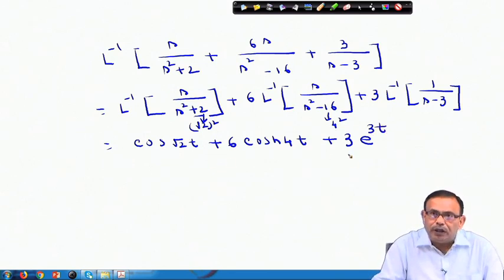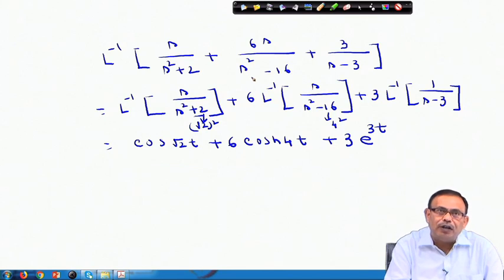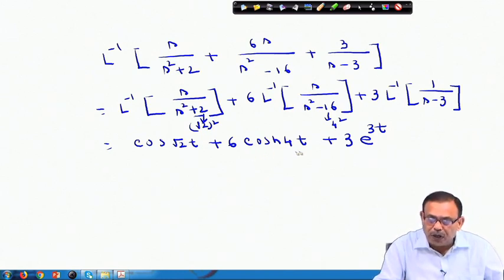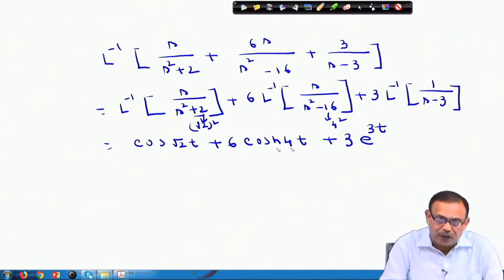So, this way, once I know the Laplace transform of a function, using the inverse Laplace transform, I can tell what is the corresponding function, and using the linearity property, effectively we are finding out this particular value of the function.